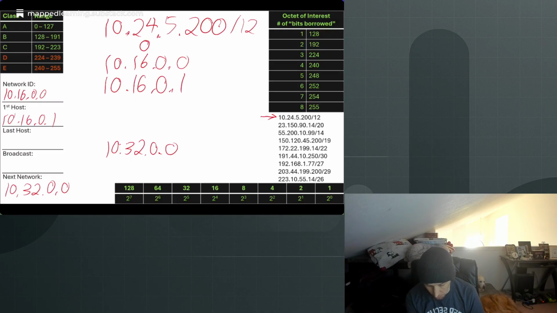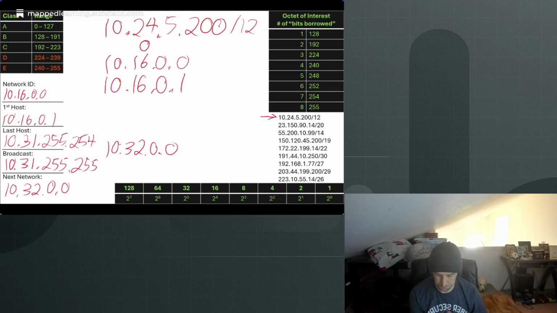So then the broadcast is 10.31.255.255. And then the last host is 10.31.255.254. That is for this IP address, 10.24.5.200, because it is somewhere in between here. And that's it for this IP address.